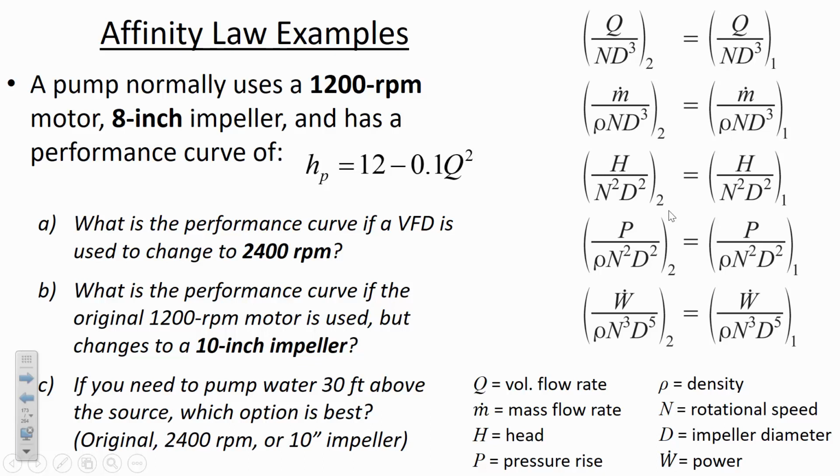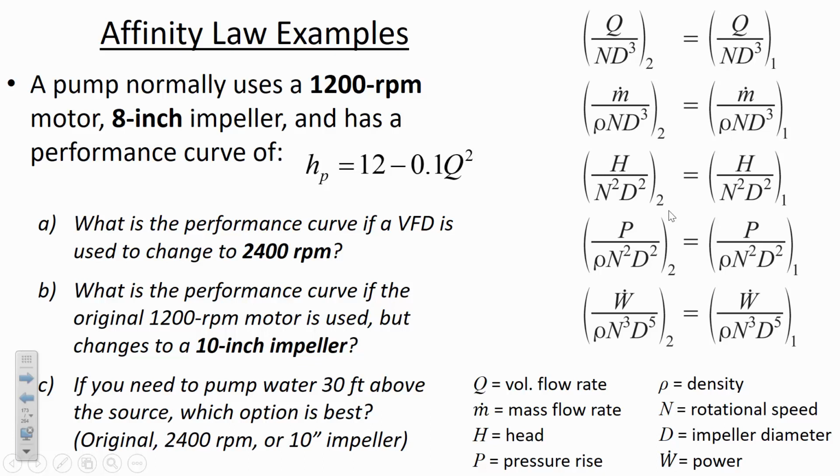All right, so the first affinity law that we're using is Q divided by N D cubed for condition 2, equal to Q divided by N D cubed for condition 1. Since the diameters are the same, we can simplify this.